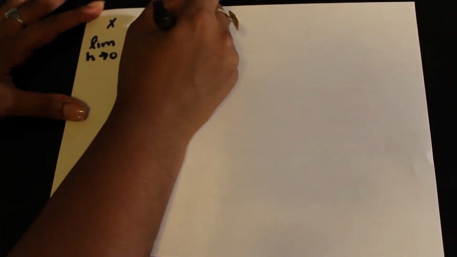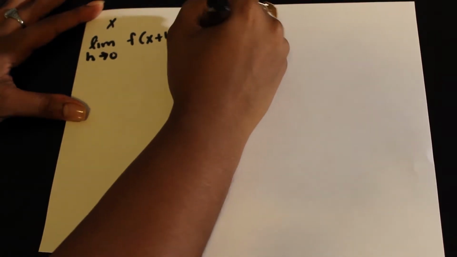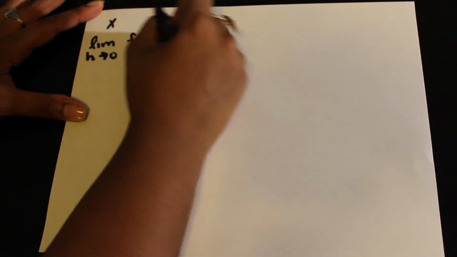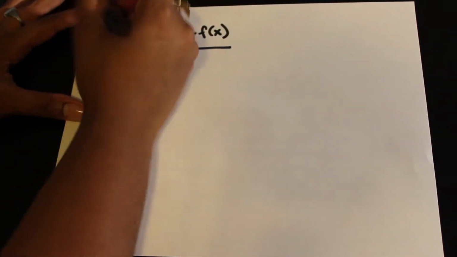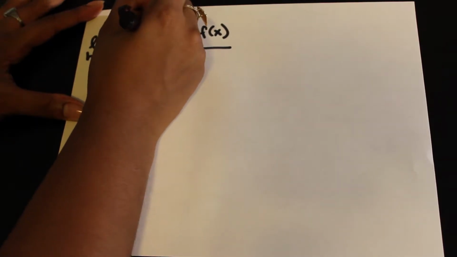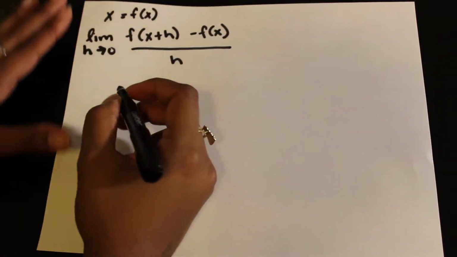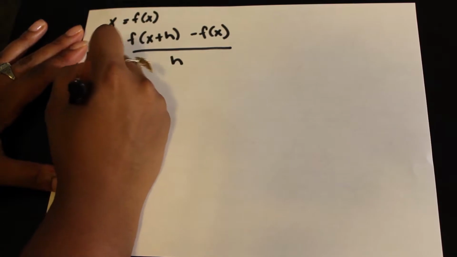For our first example, we will be finding the derivative of x using our formula, the limit as h approaches 0 of f of x plus h minus f of x all over h, where our f of x equals x. So let's solve this.